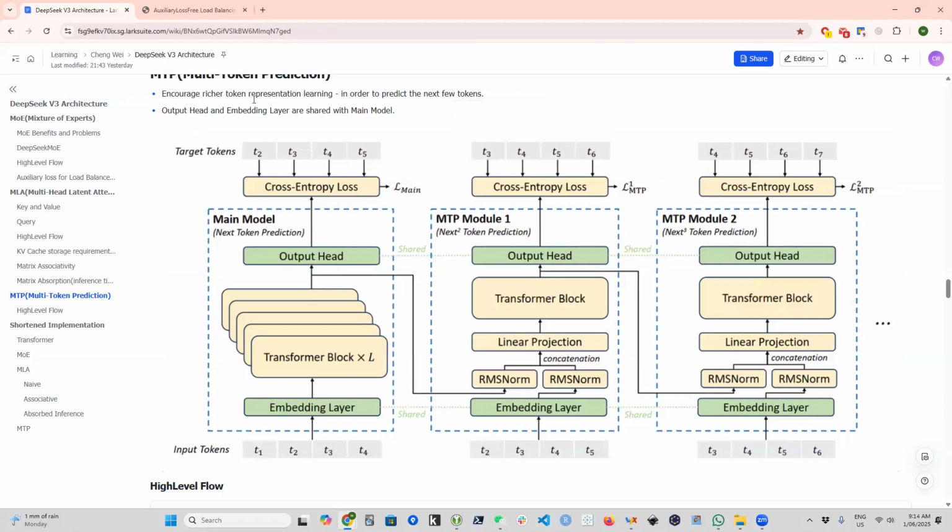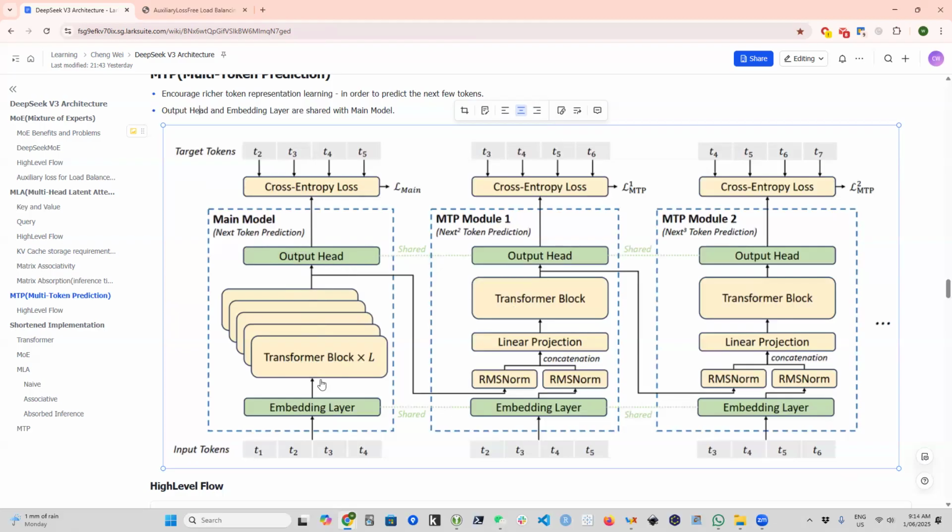So here, there's another thing: these two green parts are shared. In our ordinary transformer, we have the embedding layer and the output head.